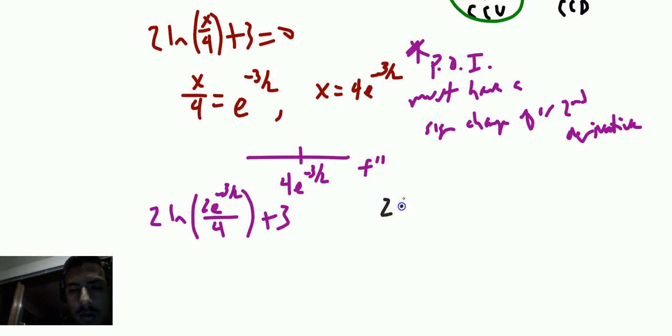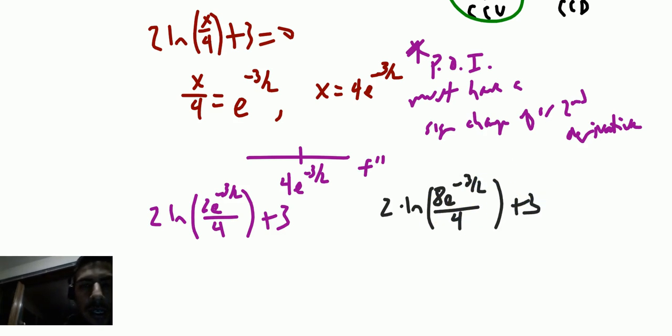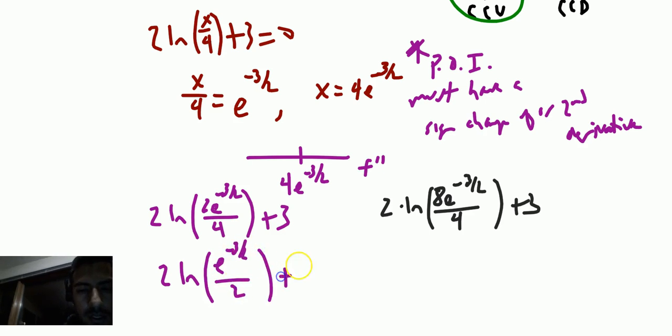So 2 times ln of 8e to the negative 3 halves over 4 plus 3. And let's see what we end up getting out here. So this one is going to be 2 ln of e to the negative 3 halves over 2 plus 3.